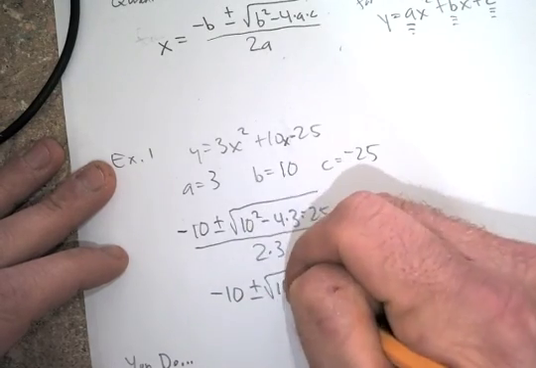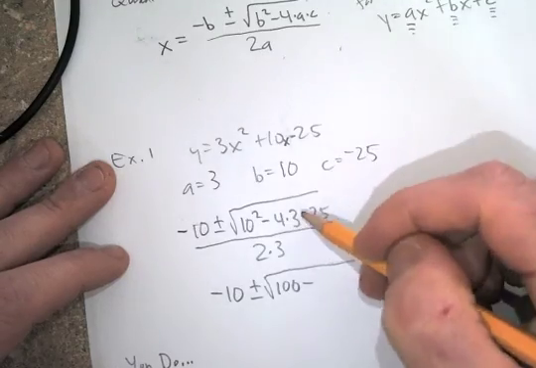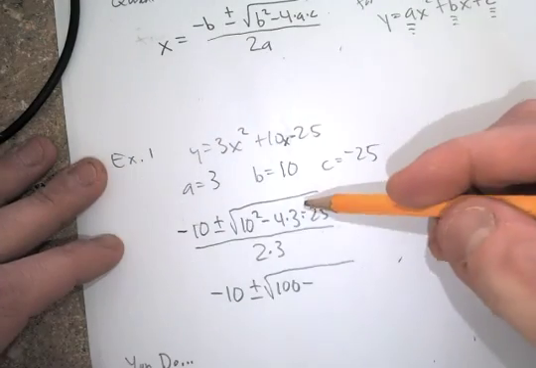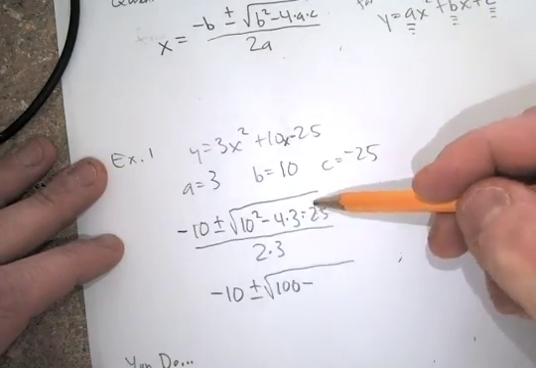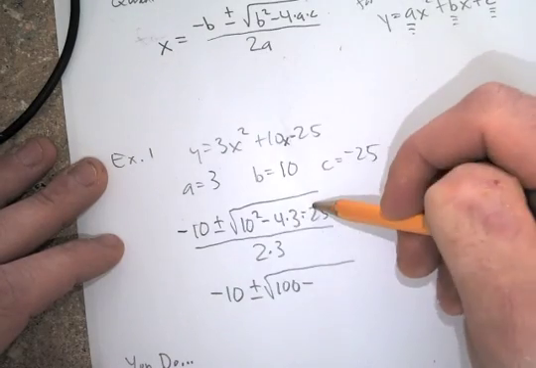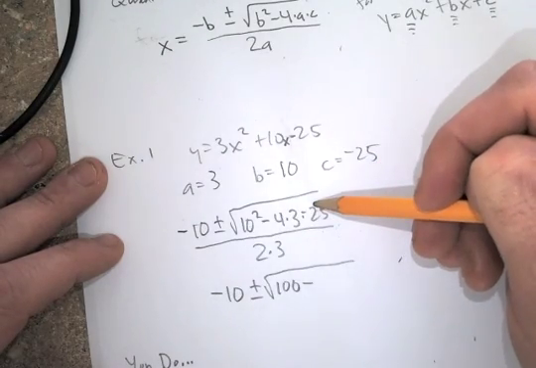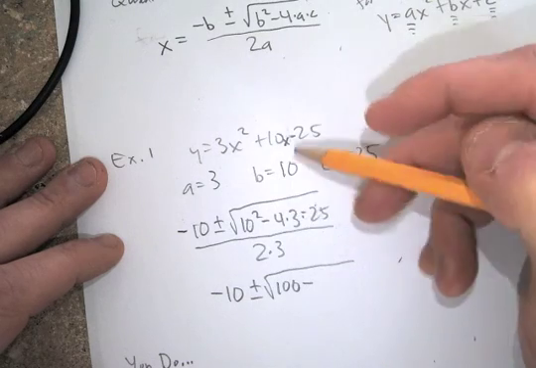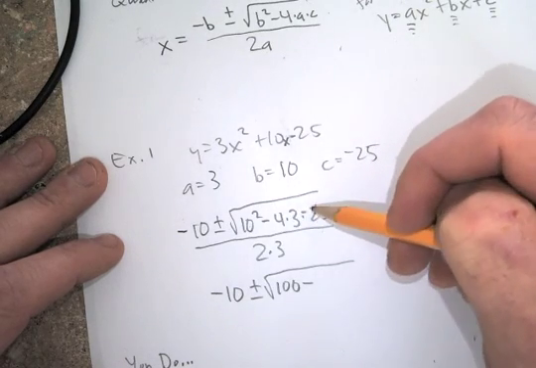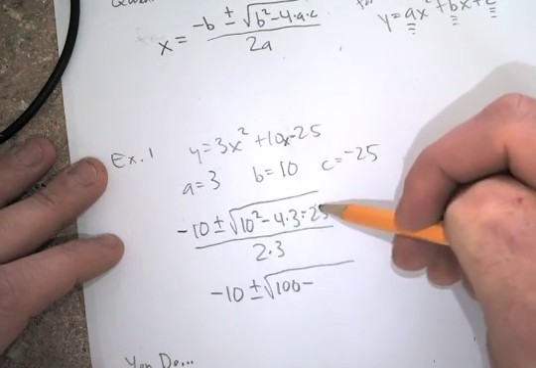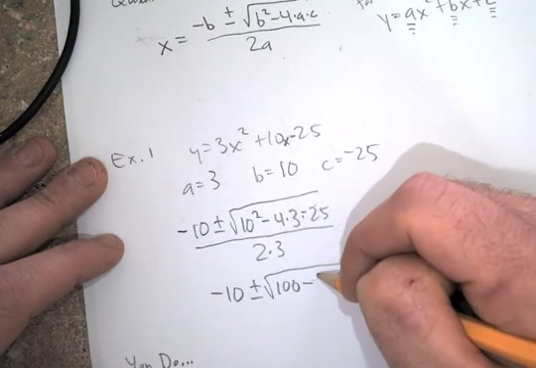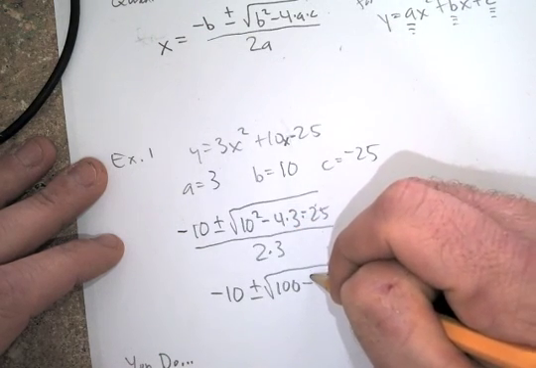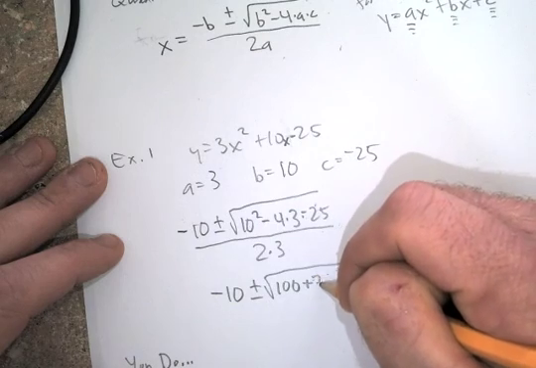10 squared is 100. 4 times 3 times negative 25. Well, I'm going to do the 4 times 25 first. Is 100. 100 times 3 is 300. You can multiply those in any order. It's going to come out the same. But it comes out to negative 300. So it's minus negative 300, right? Which is really a plus.